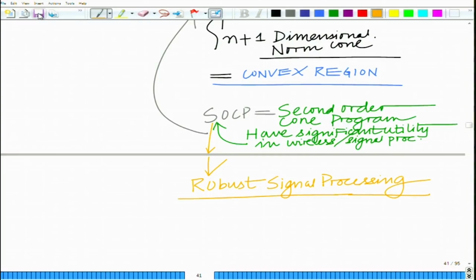For instance, you can look at applications such as robust beam forming, for the same beam forming problem that we can look at in a multiple antenna wireless communication system. If you make it robust, that is resilient to channel estimation errors, it becomes a robust beam forming problem, and all such applications can be formulated using the second order cone program, SOCP, which involves conic sets. We will look at these kinds of problems in quite some detail in the later stages of this course.